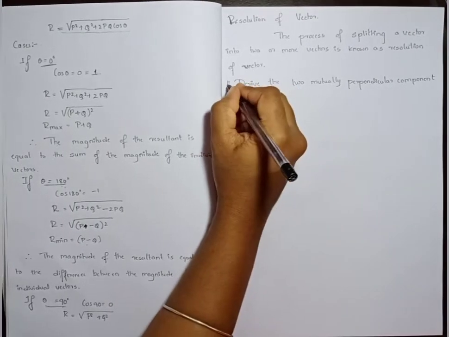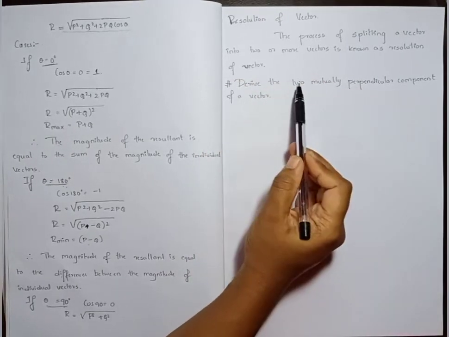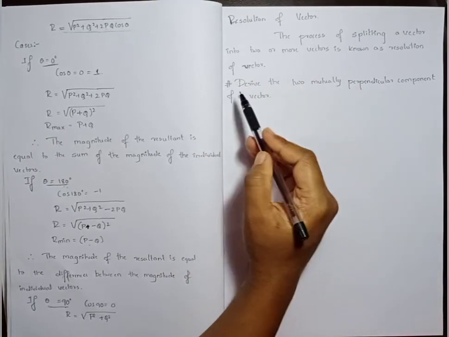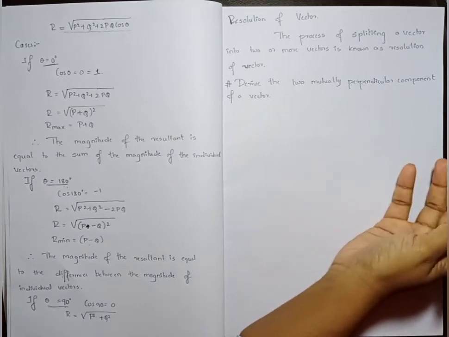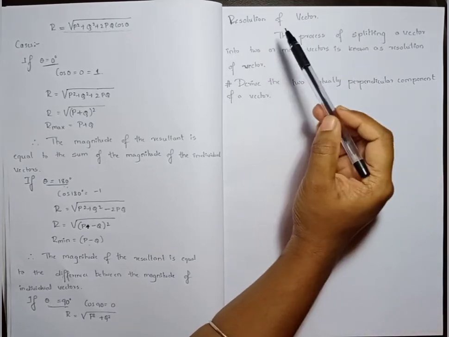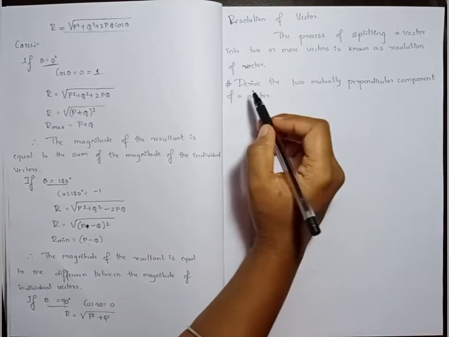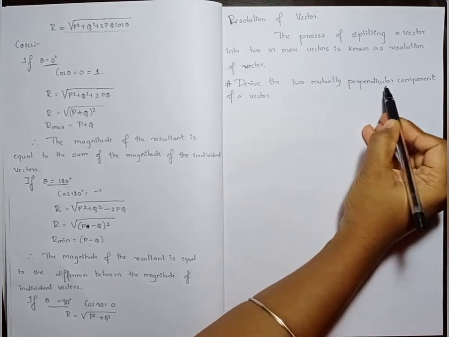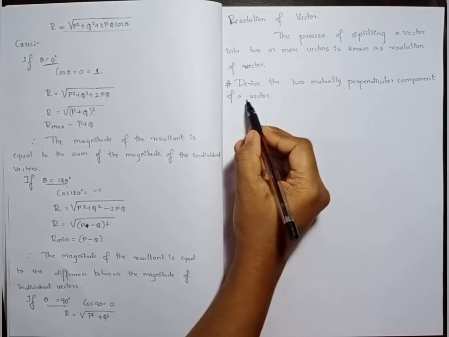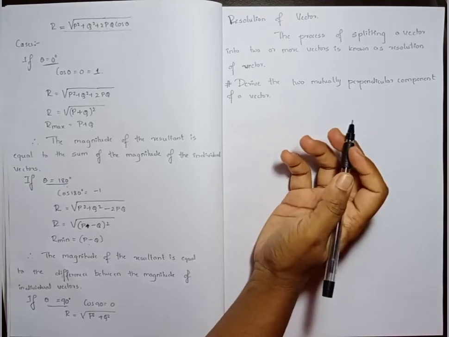This is important for 5 marks. They may also ask what is resolution of a vector, and then ask to derive the two mutually perpendicular components of a vector. So let's derive it.